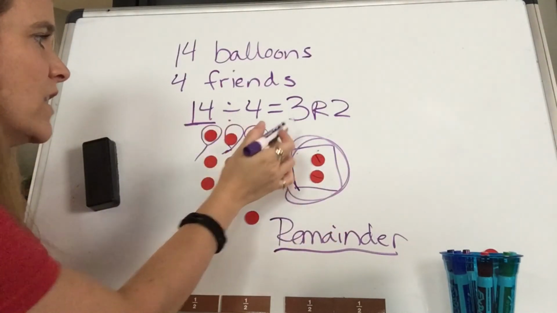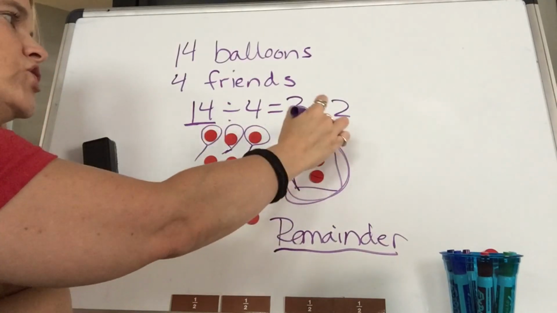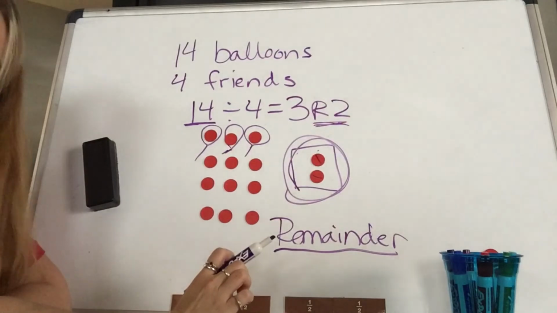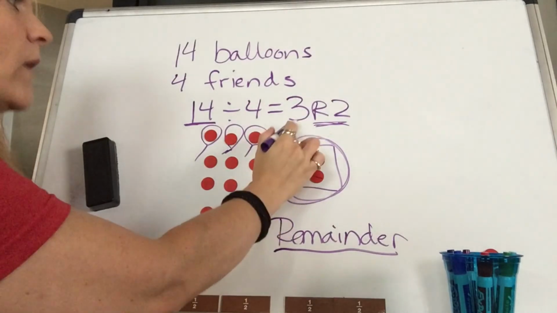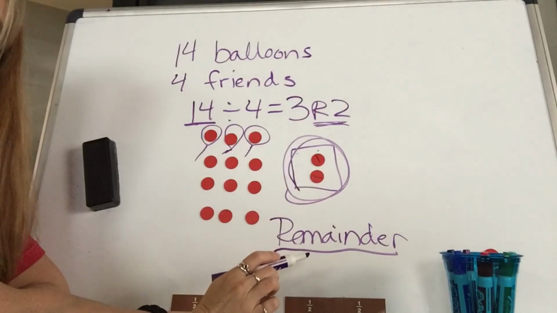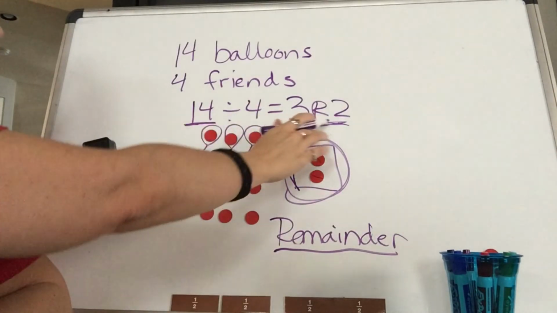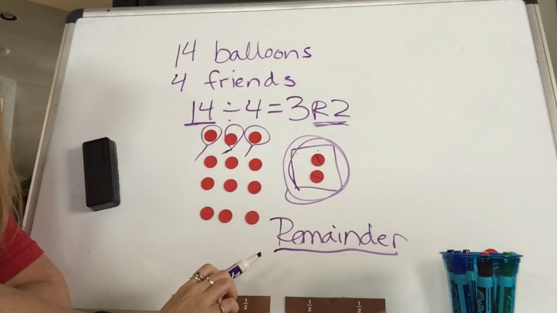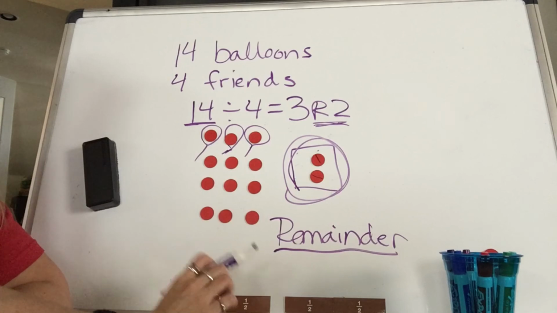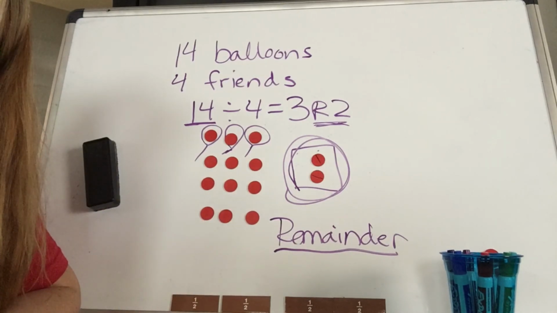So now I've got 3 evenly, remainder 2 left over, and that can be your answer. You can actually write it in this format: 3R2, 3 remainder 2, and that tells us that 3 went in nicely, but there were 2 left over, and we couldn't cut them in half because they would pop. They weren't like our cookies. So we have something called a remainder in division. I'm going to talk more about that in just a minute.